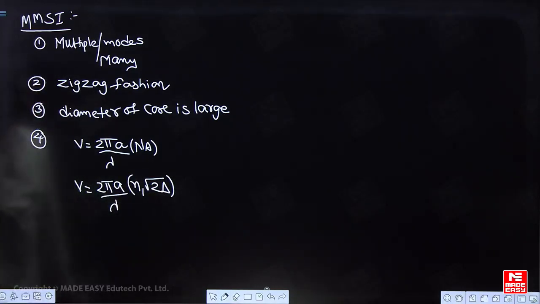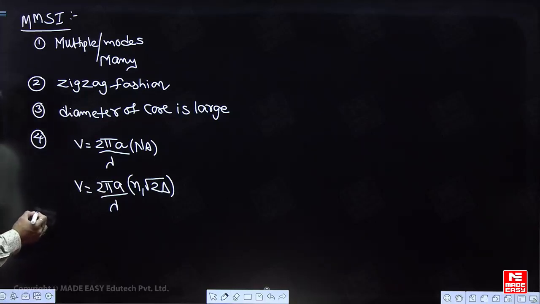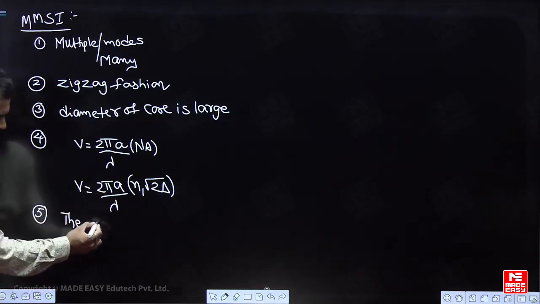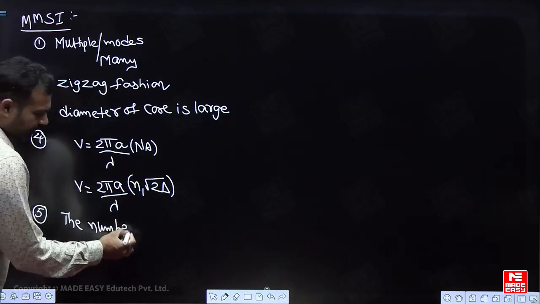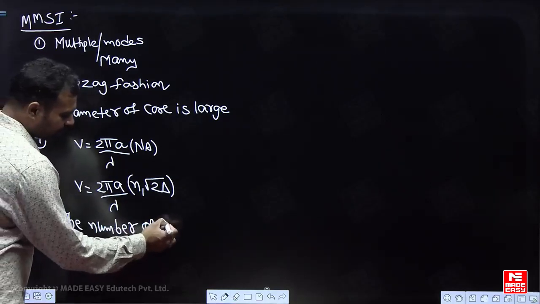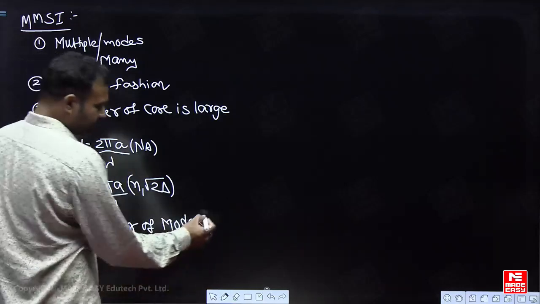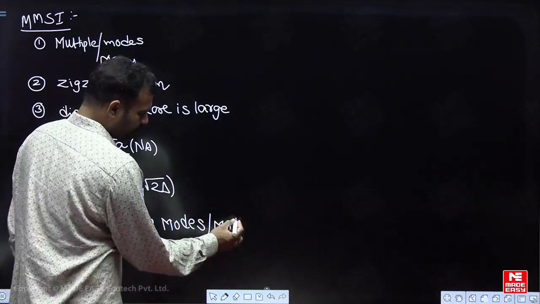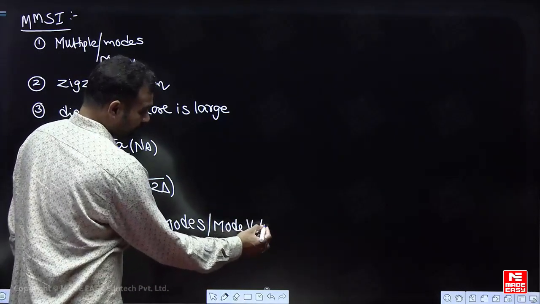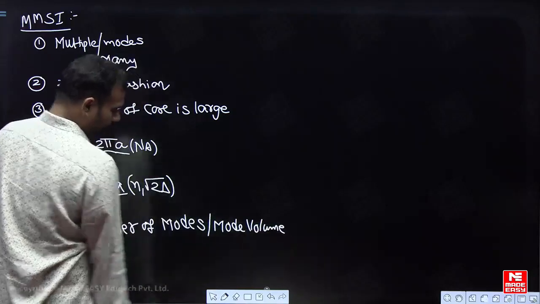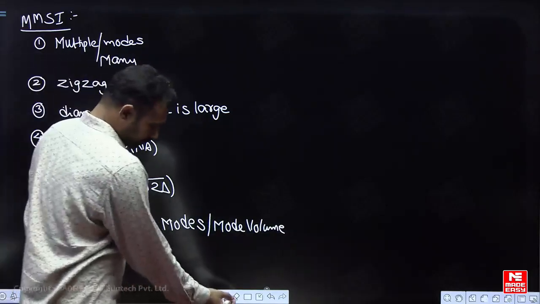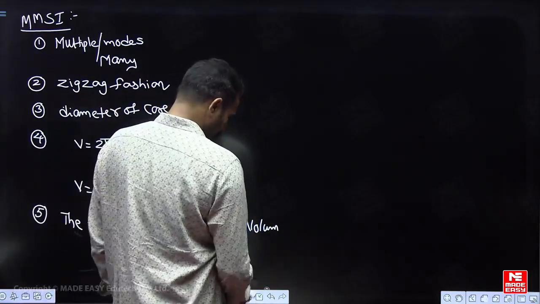And we can tell about another important point, that is the number of modes. The number of modes is also called the mode volume. The number of modes or mode volume is given like this.